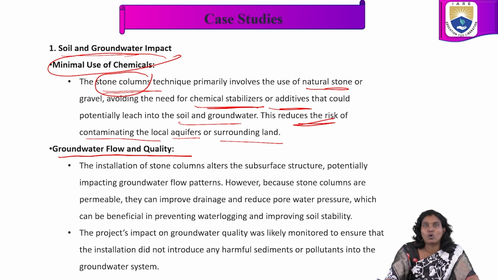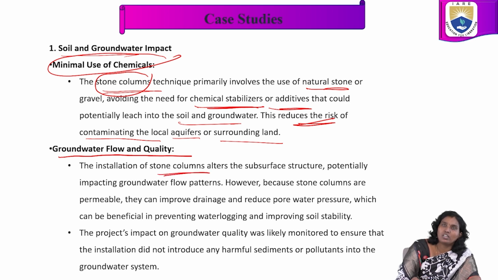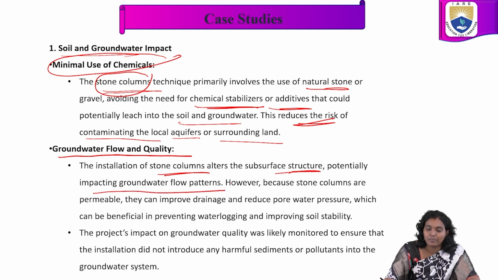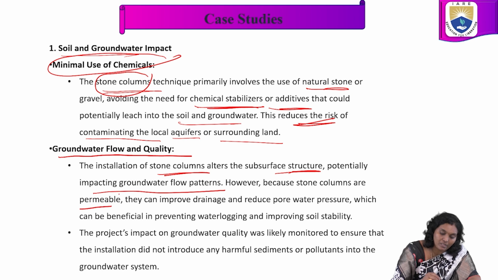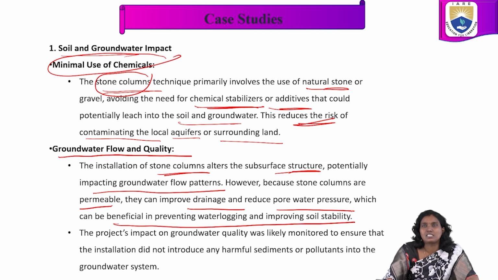However, because stone columns are permeable, they can improve drainage and reduce pore water pressure, which can be beneficial in preventing waterlogging and improving soil stability.